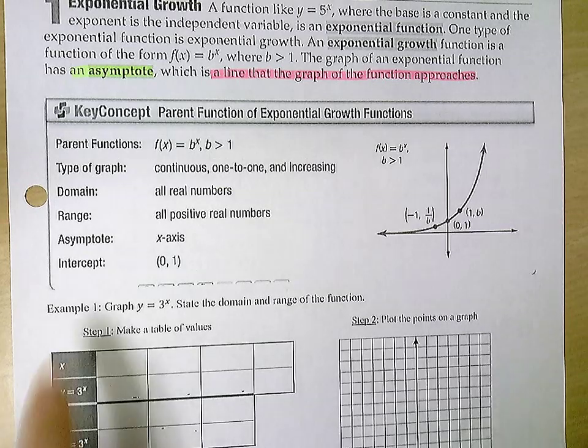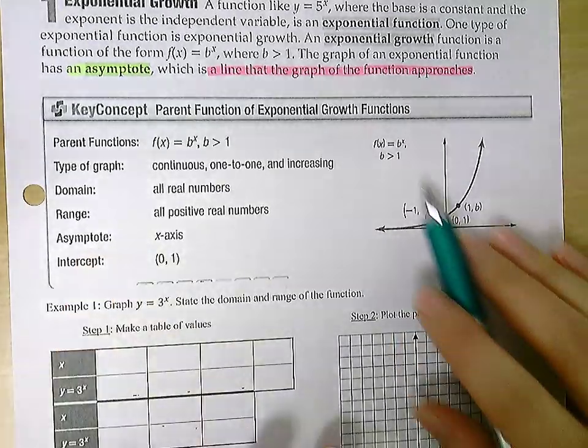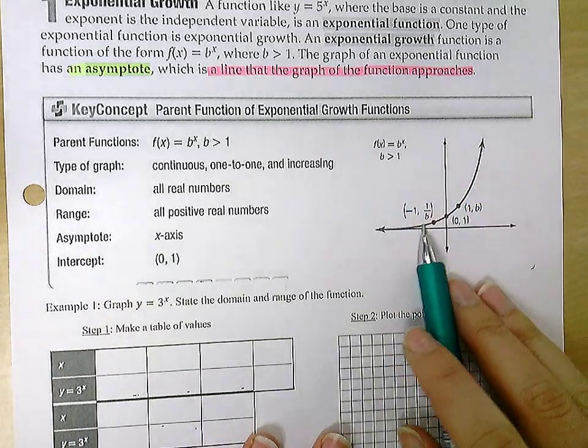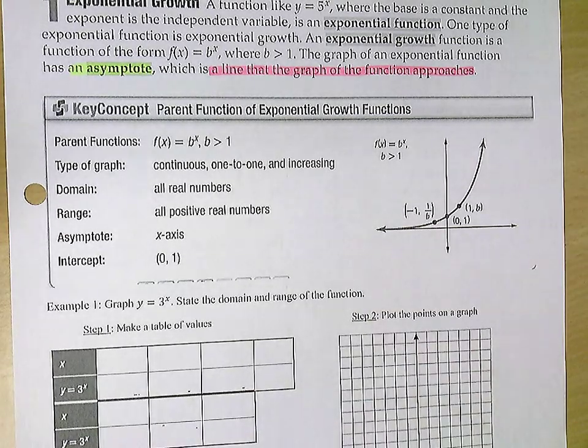This one's asymptote is the x-axis. If you kept plugging in negative numbers for x, it would be a smaller and smaller fraction, but it would never actually hit 0, and it would never actually be negative. So wherever that asymptote is, that's how you can find the range of your function.